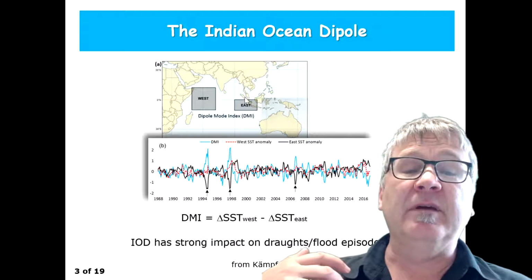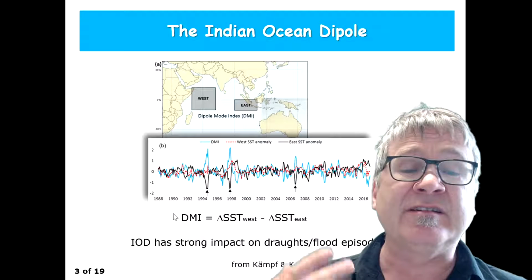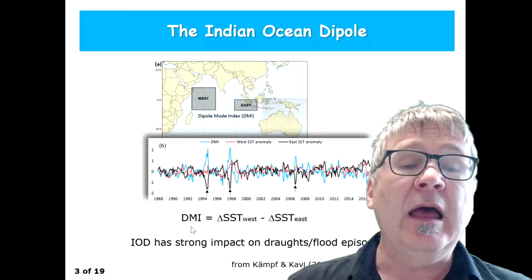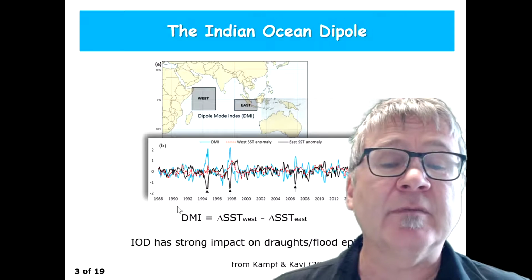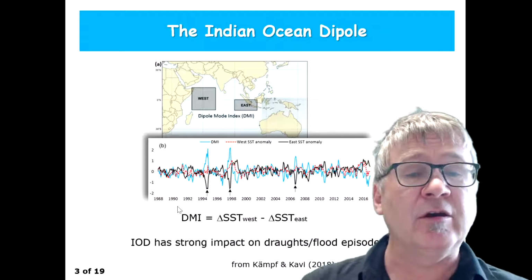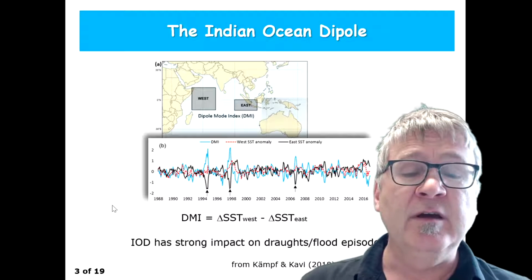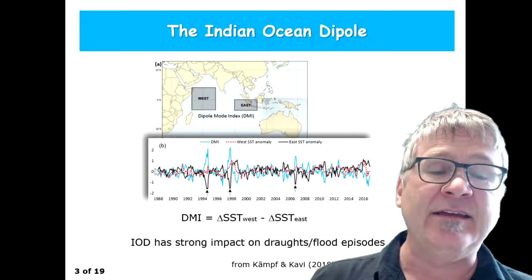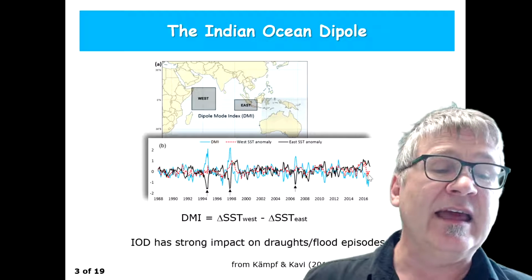And the graph below shows you a time series of sea surface temperature anomalies. Okay, anomalies. You take away the average, and this is from 1988 to 2018.